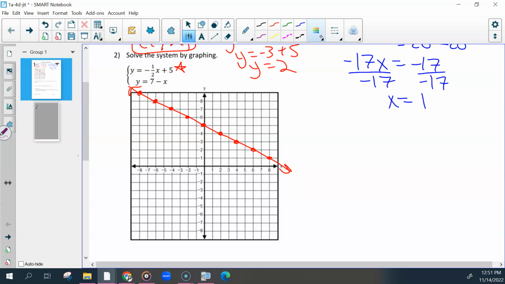Be careful with your other one because this is not in slope-intercept form. So if you want to rewrite it, you can do that. But we should be starting at positive 7, and our slope is negative 1 over 1.